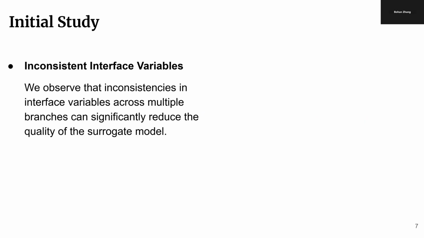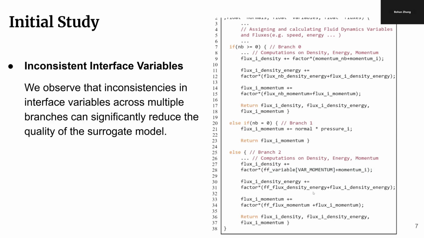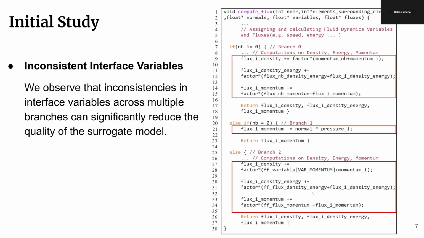The second root cause is inconsistent interface variables. This is the compute flux function from the CFD, one of the dominant hotspots in the CFD. It has 3 branches, and critically, they don't even share the same input and output interface. Branch 0 and branch 2 output the 3 quantities: density, energy, and momentum, but differ in the input interface variables.